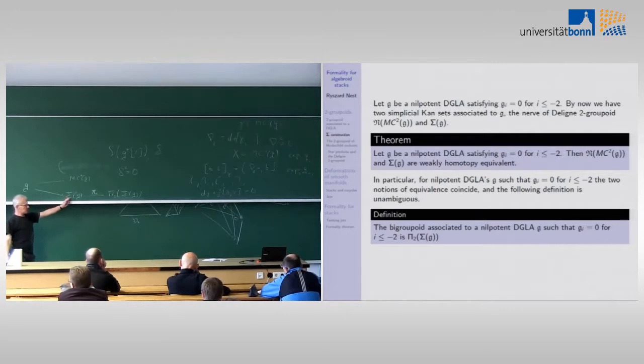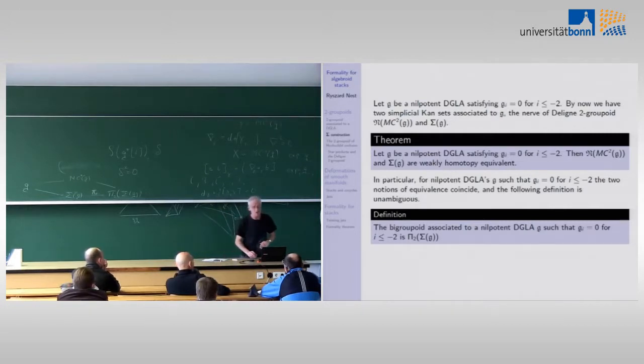So from Kan simplicial sets, we could construct 2-groupoids. And this theorem just says that these two 2-groupoids are equivalent. So the nerve of the 2-groupoid constructed directly here is weakly homotopy equivalent to sigma G, which is basically the nerve of this 2-groupoid. You'll see very soon why I need it.